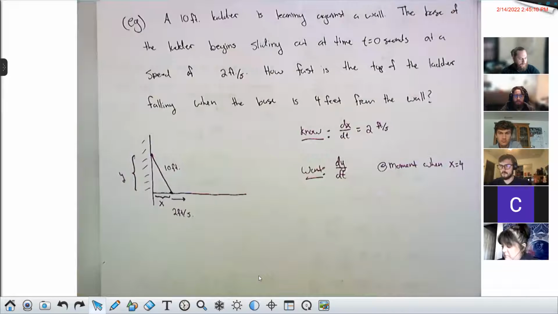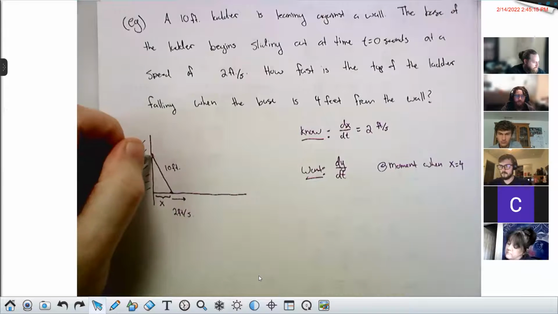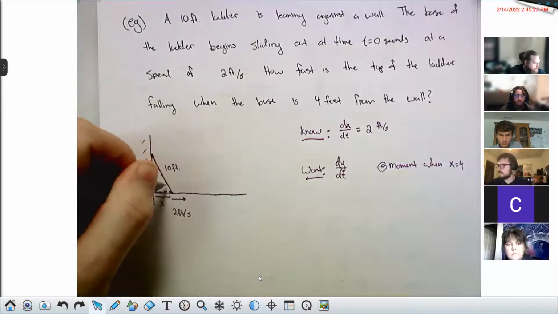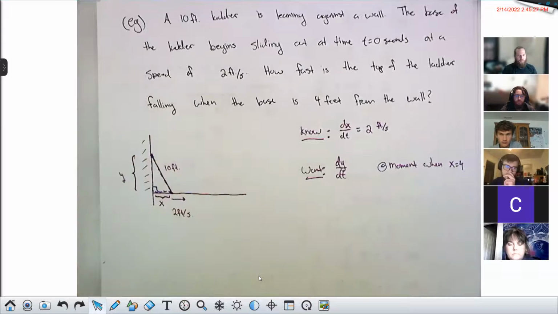The next step is going to be to come up with our algebra relationship. And to that end, I would put on some purple glasses and reread the picture. I guess you can't really see the color standing out that well, can you? Sorry, this camera, not the best. There's a little right triangle in here. The ladder, the wall, and the floor, assuming the building was built well, form a right triangle.